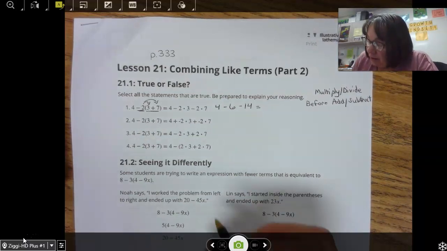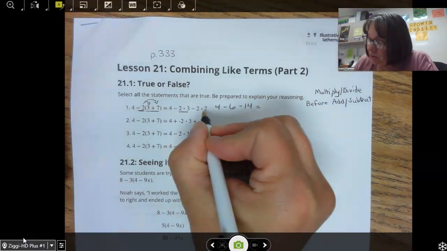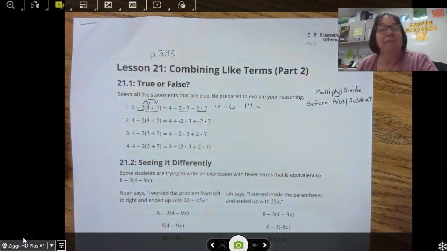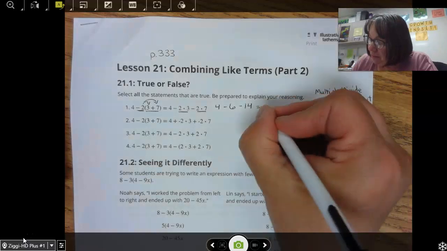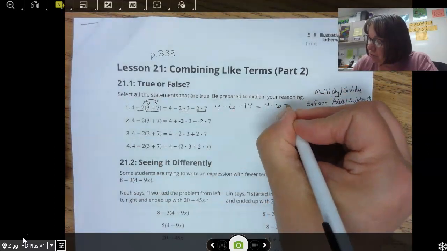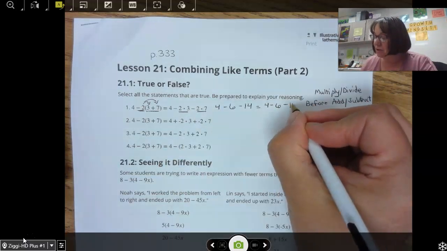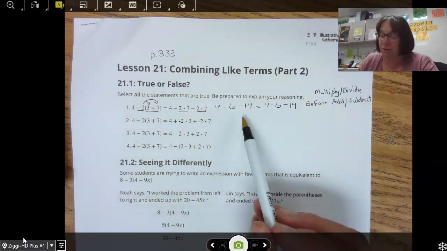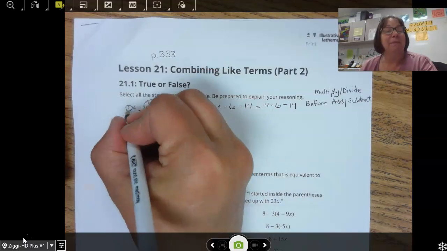So over here I see 2 operations that involve multiplication. So I'm going to do 4 minus 2 times 3 is 6, minus 2 times 7 is 14. So those turned out to be identical, so that is a true statement, number 1.